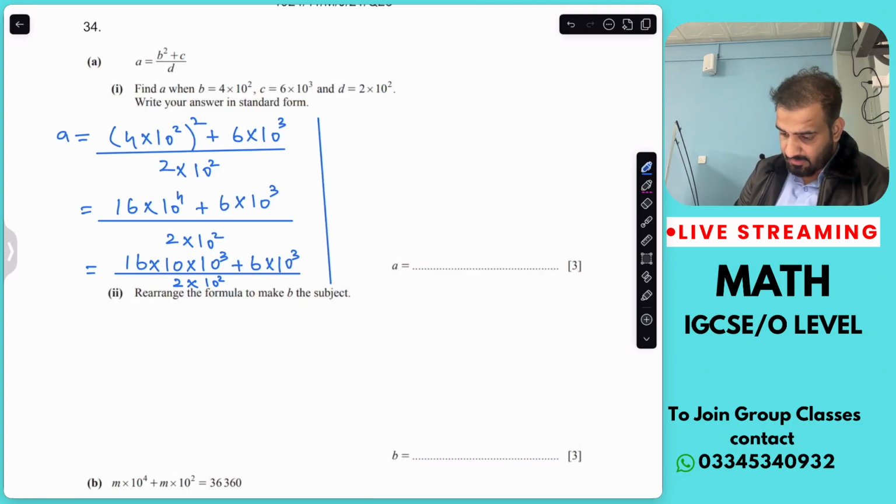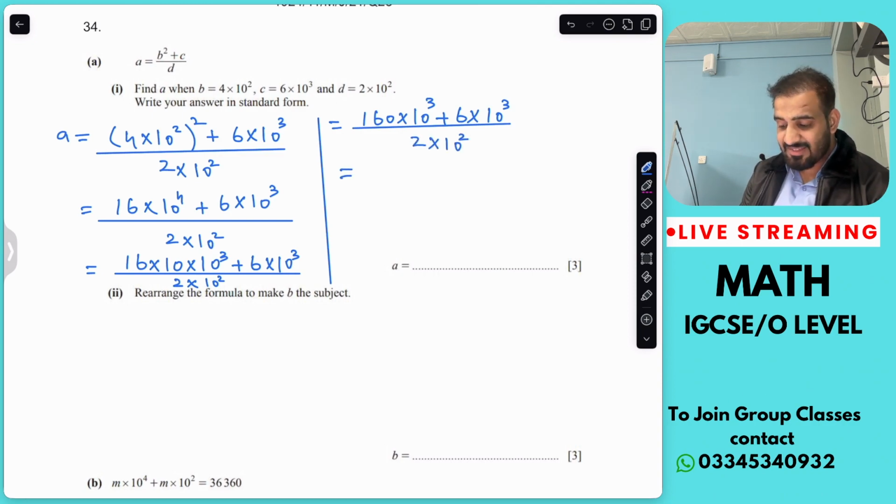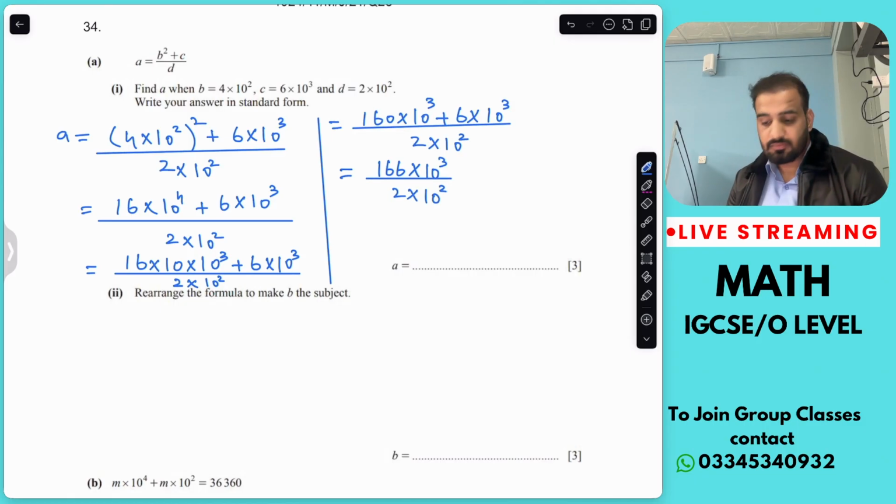So 160 cross 10 raised to power 3 plus 6 cross 10 raised to power 3 divided by 2 cross 10 square. So what is 160 plus 6? So it is 166 cross 10 raised to power 3 divided by 2 cross 10 raised to power 2. Is that right? So next, now you will divide this 166 by 2 and then 10 raised to power 3 by 10 raised to power 2.